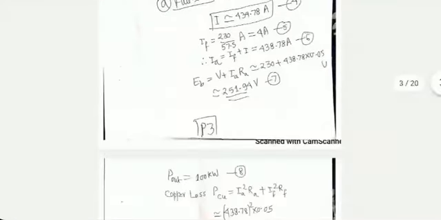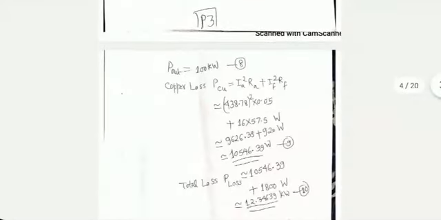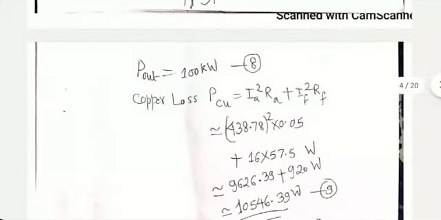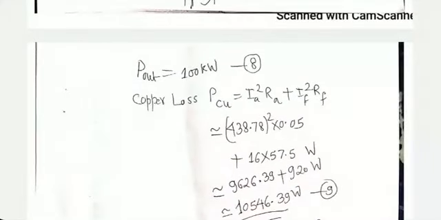Copper loss is IA square RA plus IF square RF. IA square RA is copper loss in the armature winding. IF square RF is the copper loss in the field winding. I plug in the values. I know IA, I know IF, I know RA, I know RF. Okay, so plug in all these values.